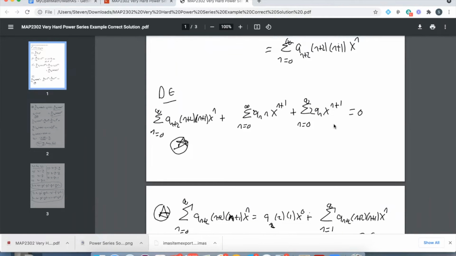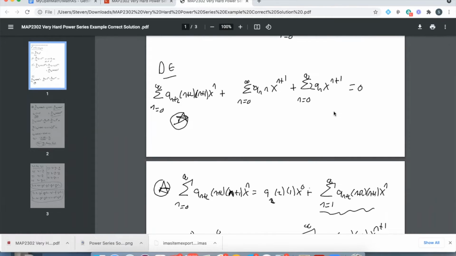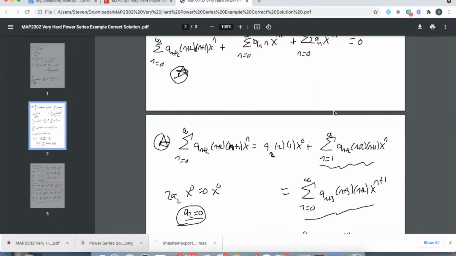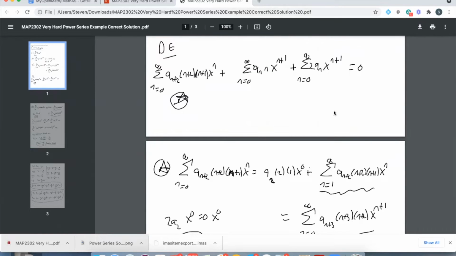So what I have to do is make everybody start at 1. I need to get rid of that first term. So I'm going to find the n equals 0 term.